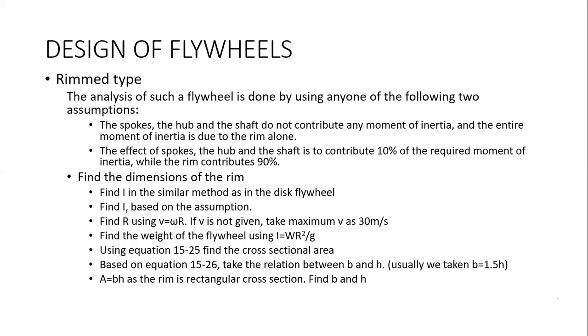The cross-sectional area A is W divided by 2 pi K rho, where rho is the density and K is the mean radius.